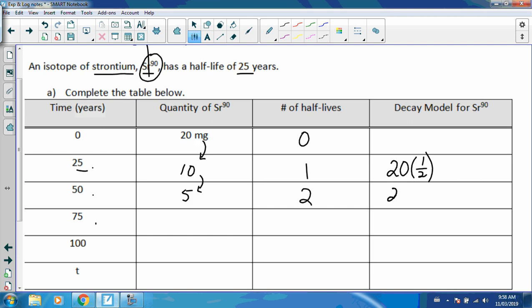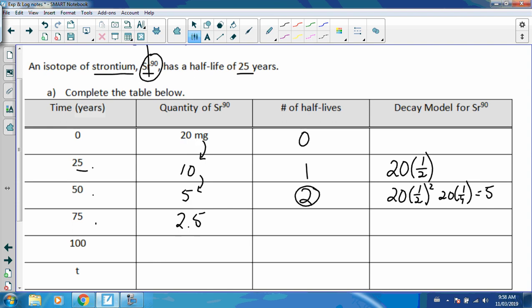So I started off with 20, and I times it by a half squared. That's the exponent here, the number of half-lives. So a half squared is 1 over 4, and 20 times a quarter is 5. A quarter of 20 is 5. And then down here, 2.5.